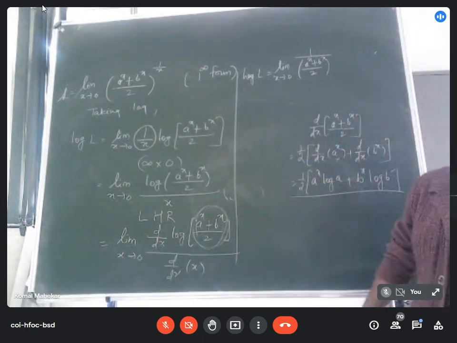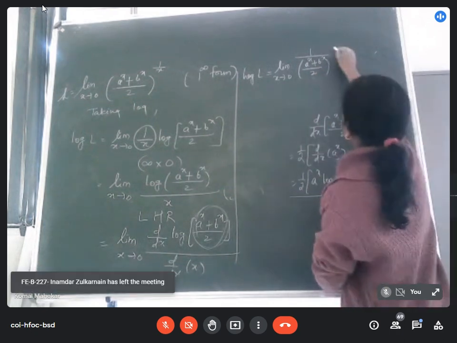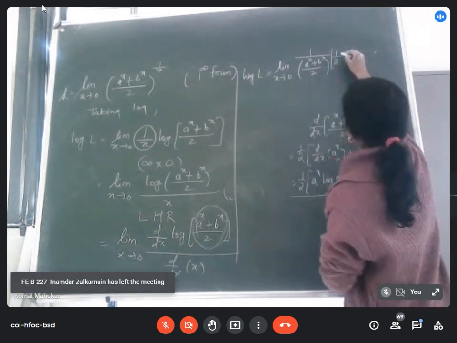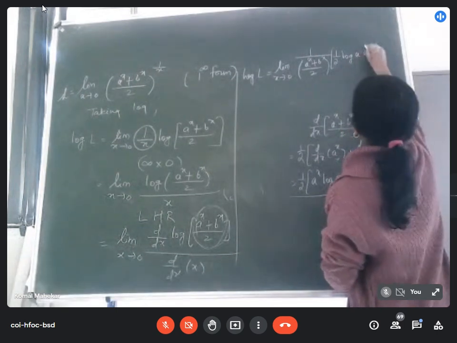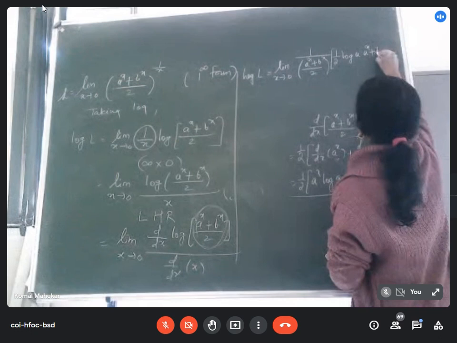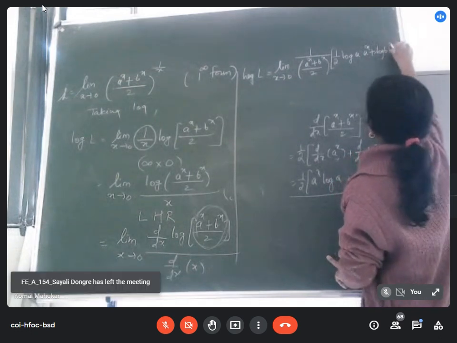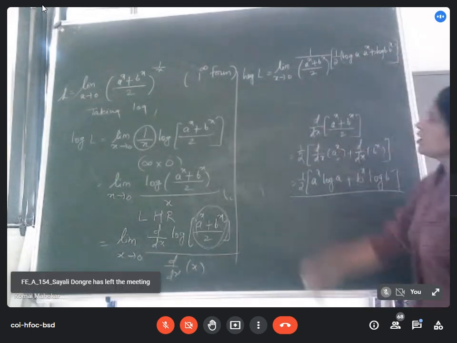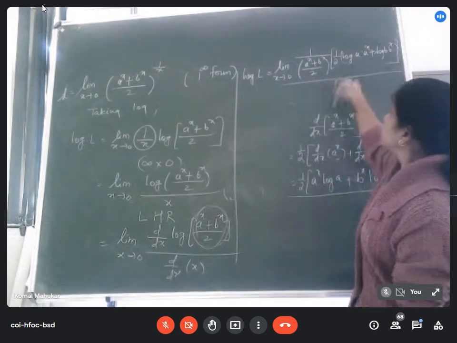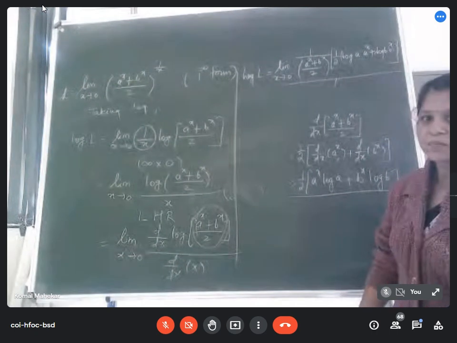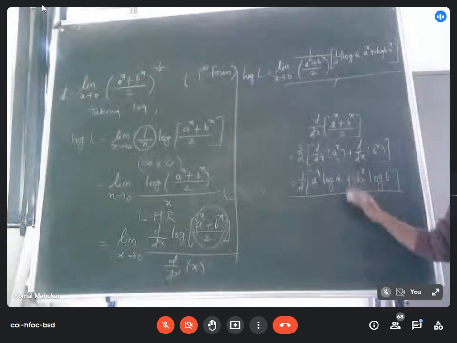Okay, so we will multiply this by half into log of a into a raised to x plus log of b into b raised to x. Okay, and divided by derivative of x with respect to x, that is 1. Okay. Is it clear this step?